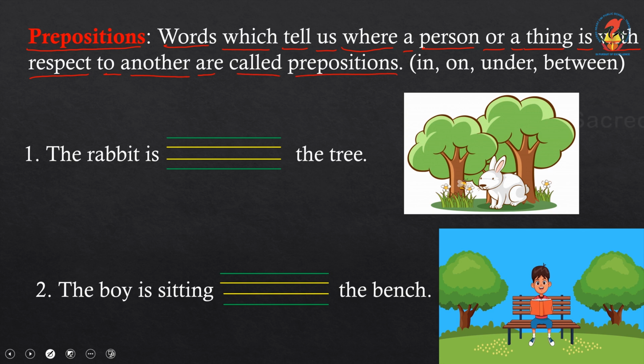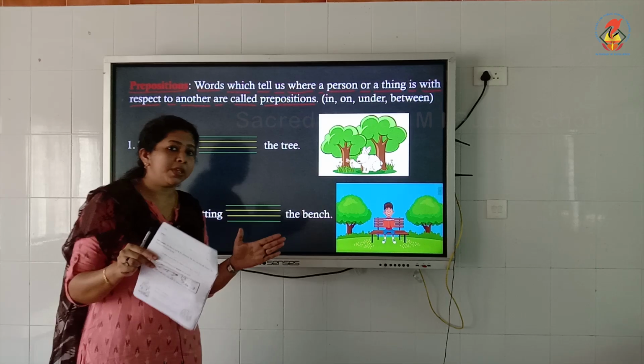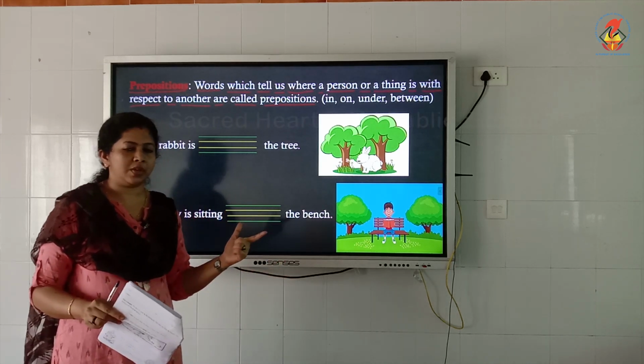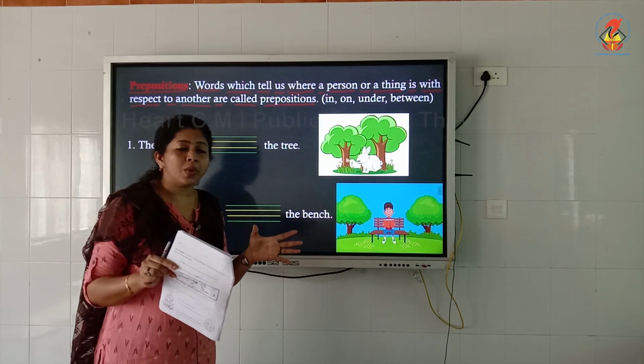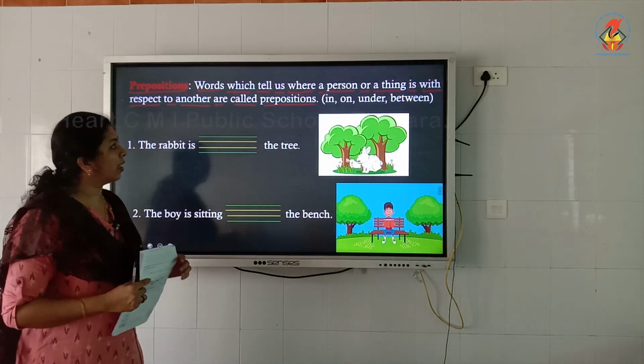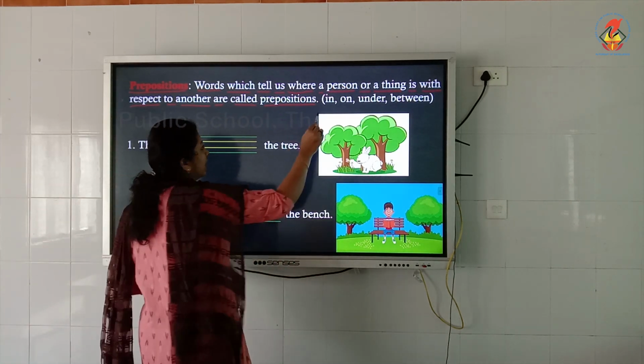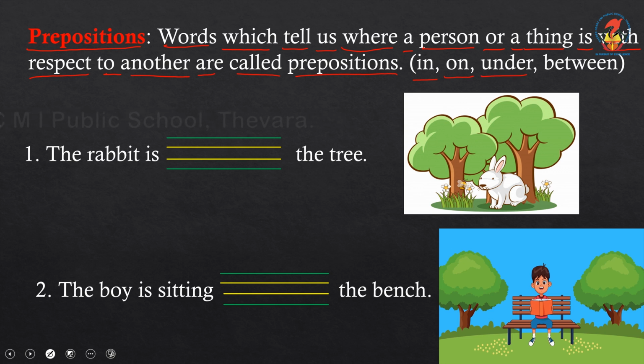Again, the description once more: words which tell us where a person or a thing is with respect to another, the relationship between two. That is a preposition. We studied earlier, it shows a relationship between two things. In, on, under, between. Okay, it's clear, children. Now we'll do the examples.